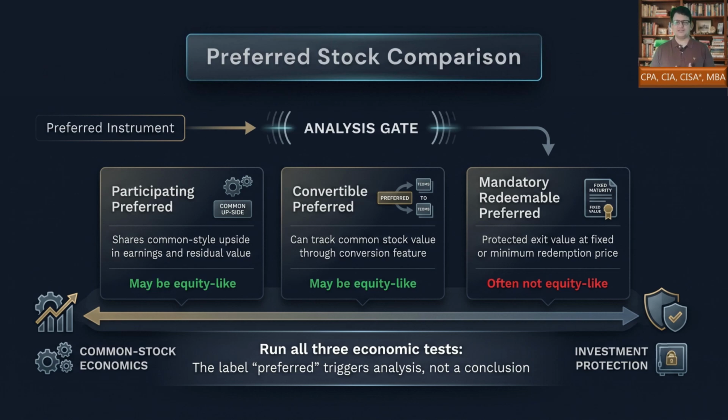But mandatorily redeemable preferred stock may include a protected exit value, making it much less common stock-like. So we should never say preferred stock always qualifies or preferred stock never qualifies. The correct answer is, analyze the terms. The word preferred is the beginning of the question, not the final accounting conclusion.